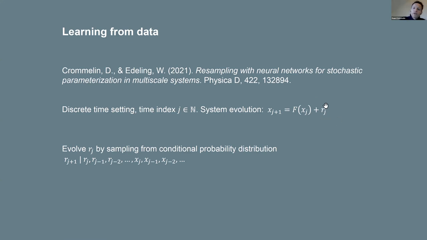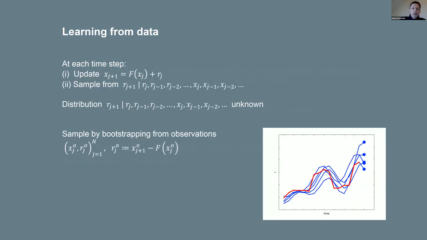But there's a part that we don't know, this R here, and the idea to represent that, to evolve that over time, is to sample it from this conditional probability distribution. Right? So we take the history of both this discrepancy, if you will, or model error, and also of the model state itself into account.